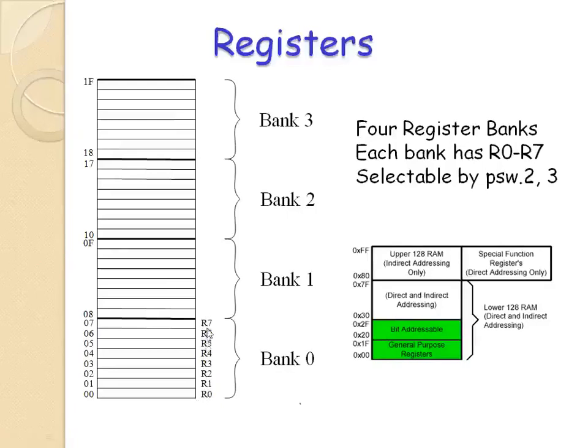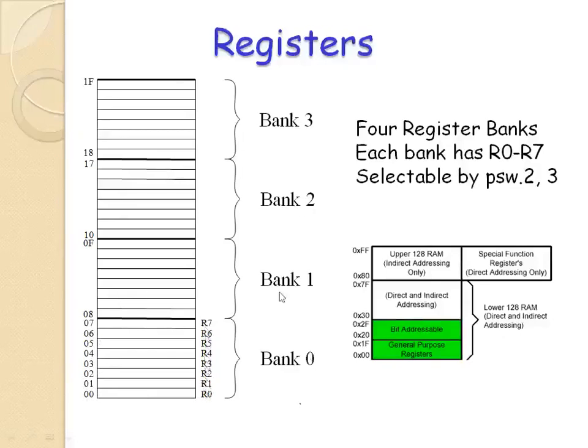So 00 to 07, these 8 different registers, occupy this lower portion of the RAM memory location: 00, then 01, 02, 03. These addresses are reserved for the registers R0, R1, R2, R3, R4 from bank 0.